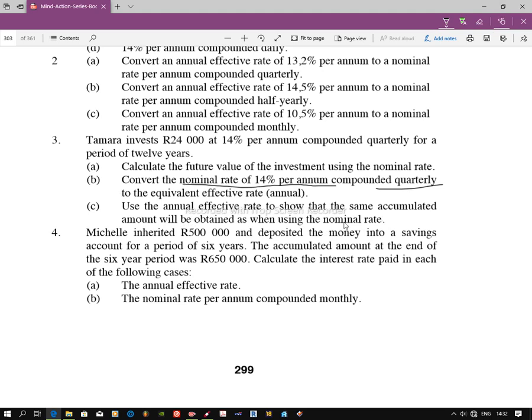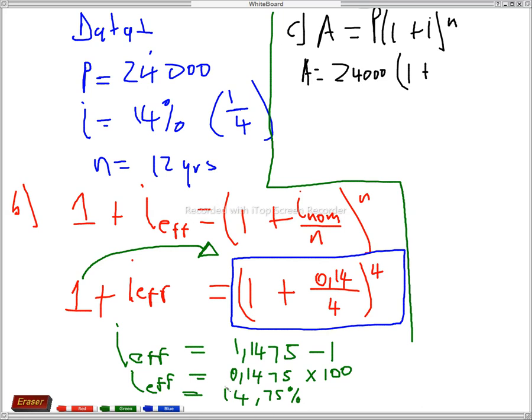You understand? We are going to be using the annual effective rate that we just converted to. Meaning this is our percentage here, so just divide this by 100. This is the percentage that we must substitute here, you understand? So it's 0.1475.